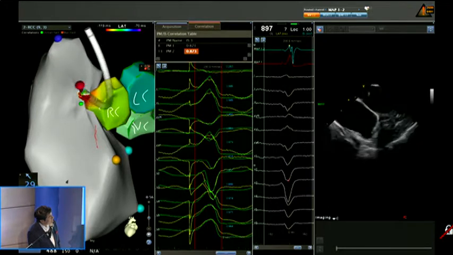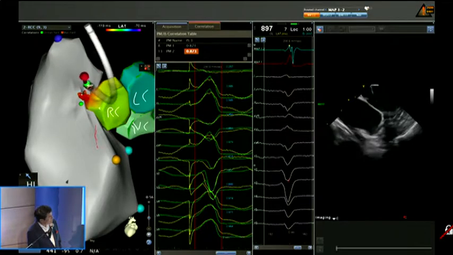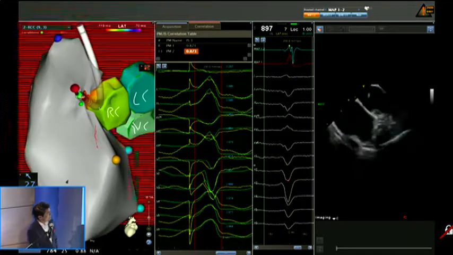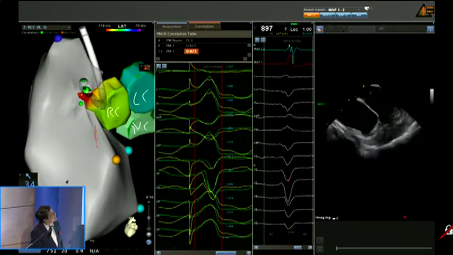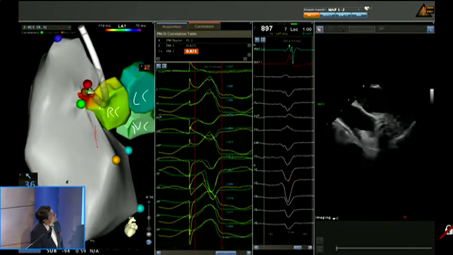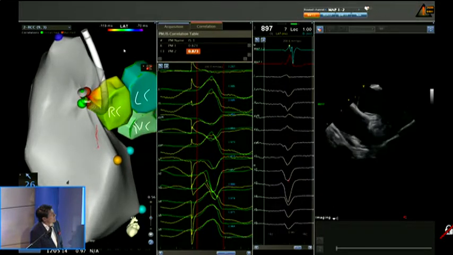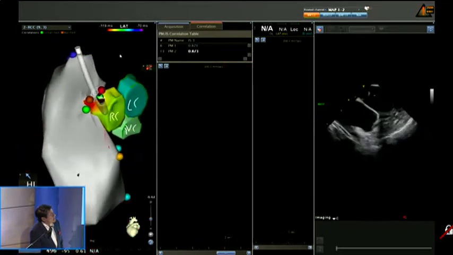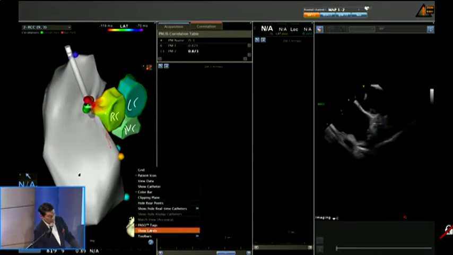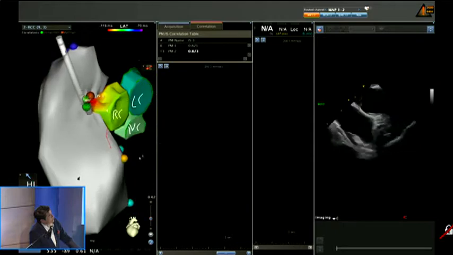And at this point, we have 0.873. It's pretty good. It's not the ideal percentage, however, but it's quite acceptable. How much are we pacing, Marcela? What's the rate of pacing? 10. We are pacing at 10. 10 for the outlet.